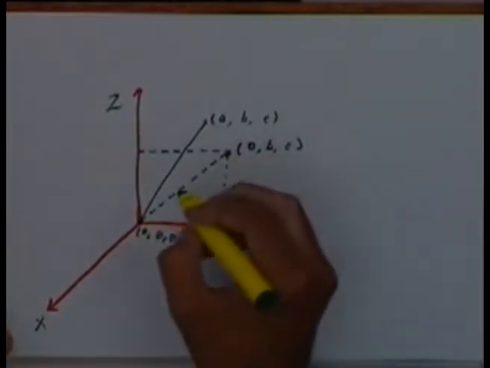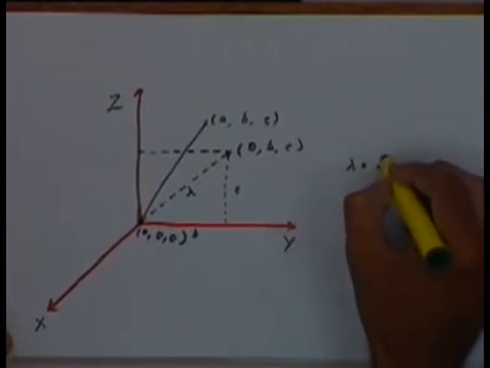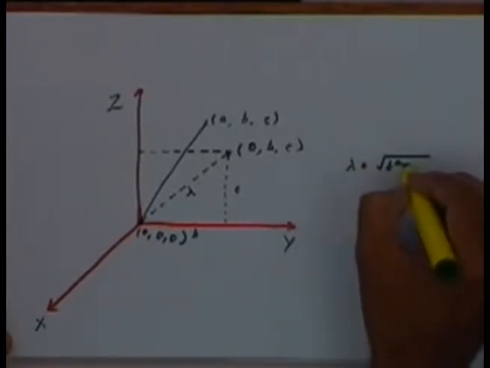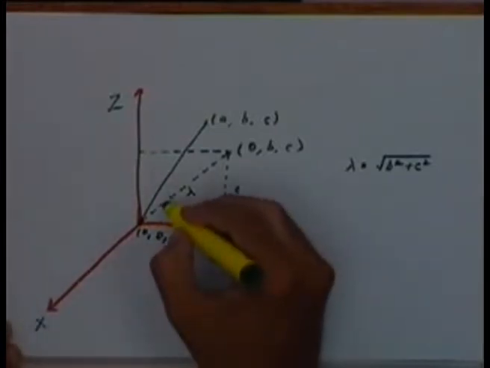And this diagonal, let us say, would be lambda, where lambda will be equal to square root of B squared plus C squared. And how much will be this angle?